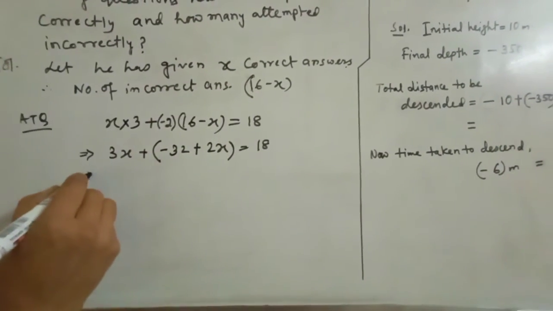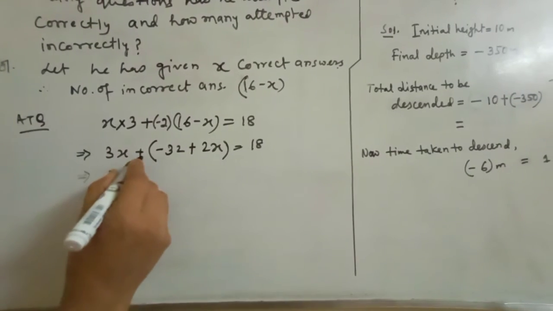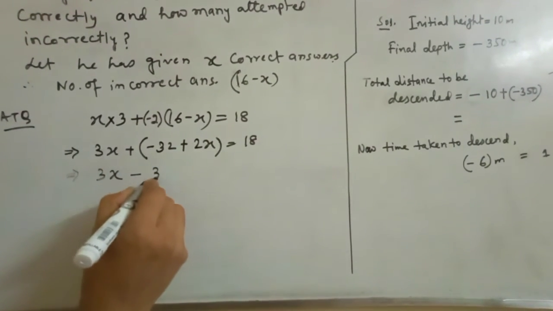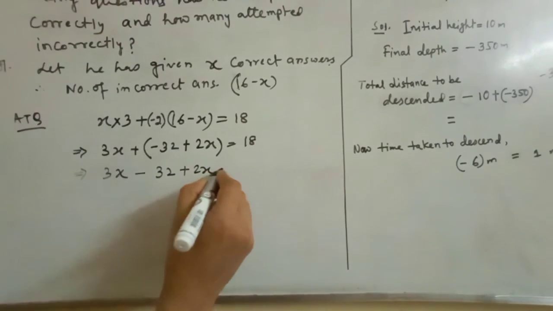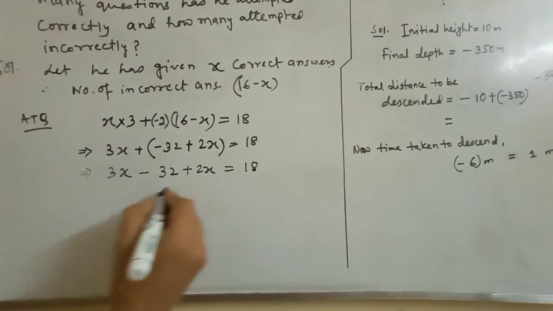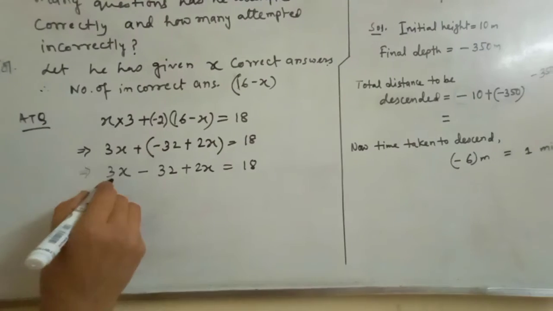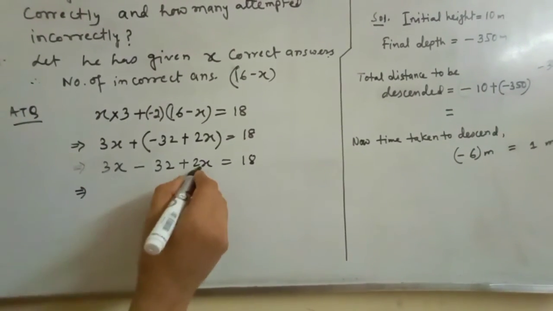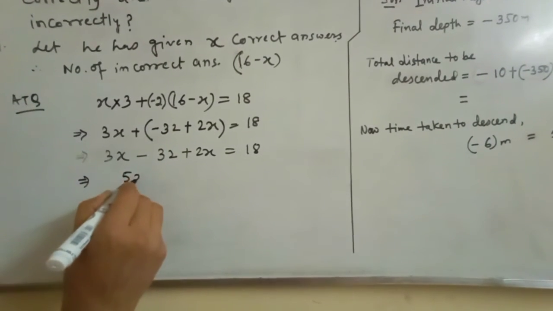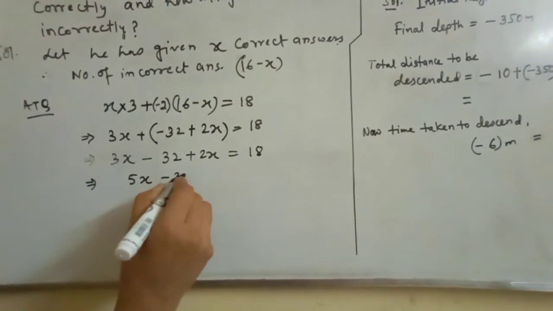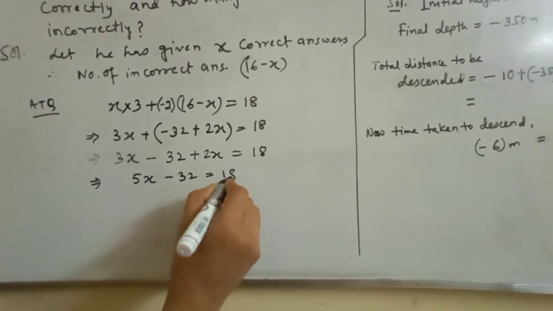Now, 3x minus 32 plus 2x is equal to 18. 3x and 2x are like terms, so you can add them. It will become 5x minus 32 equal to 18.